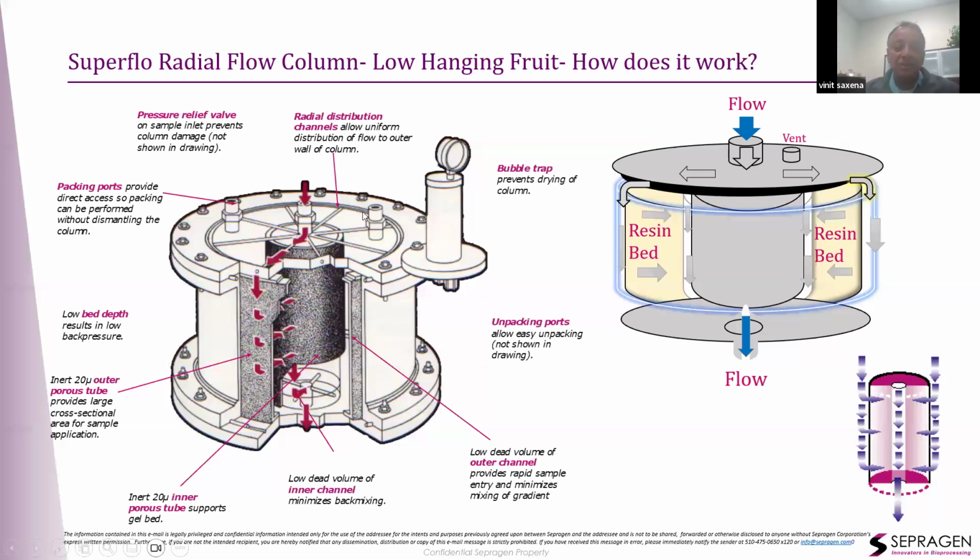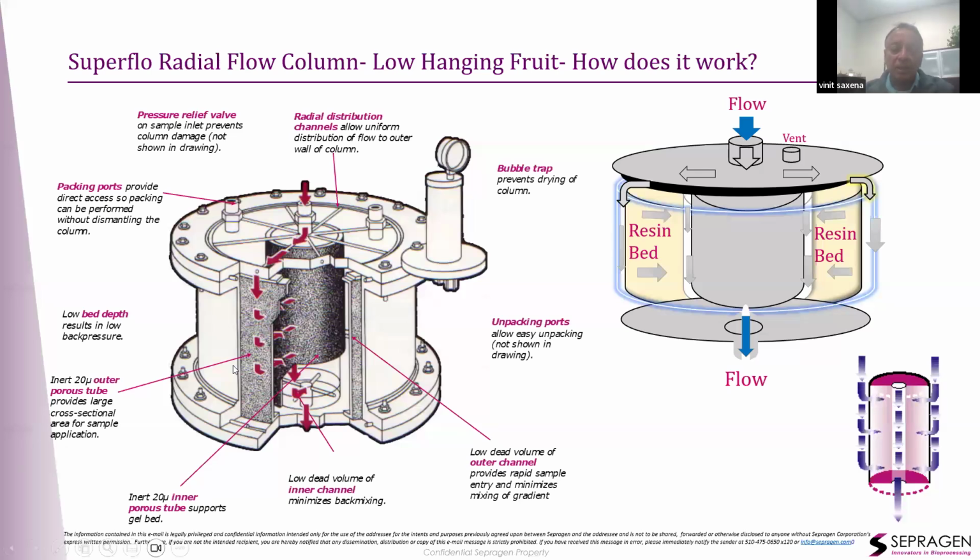So the flow comes into the top, gets distributed by the top frit, goes through the resin bed, and comes out the bottom. Well, if those columns become bigger and taller, you have back pressure problems. If they become wider, you have distribution problems. You have space constraints. You have resin capacity problems. You may have channeling in the bed.